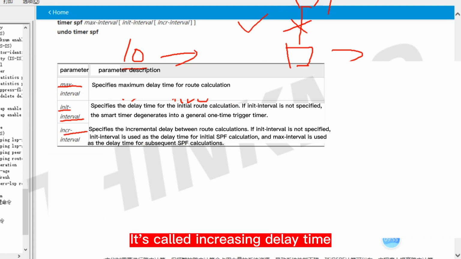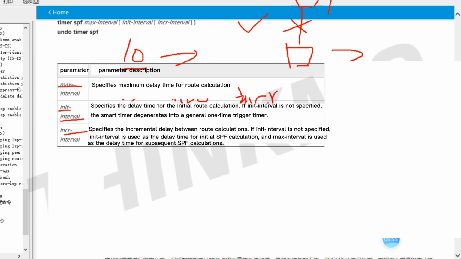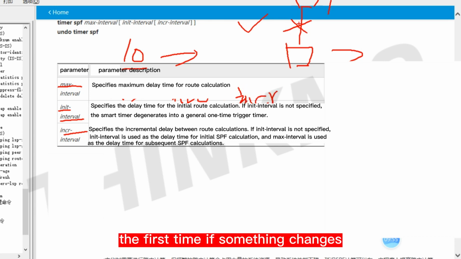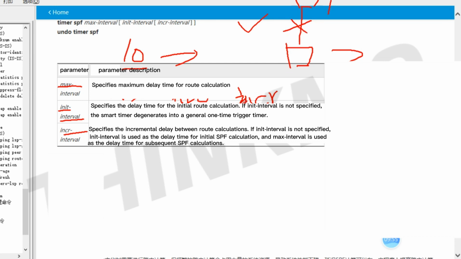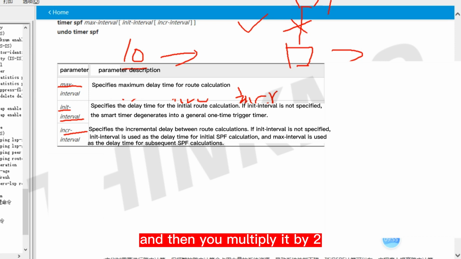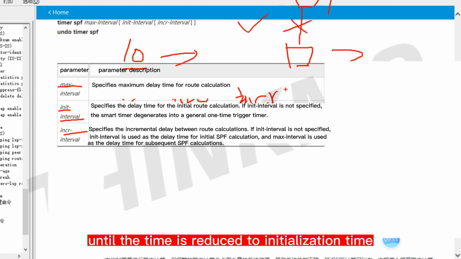It's called the incremental delay time. The first time something changes, I might configure this to be 2 seconds. If it changes again, you multiply it by 2. If it changes again, I just keep multiplying by 2, until the time is reduced to the initialization time.